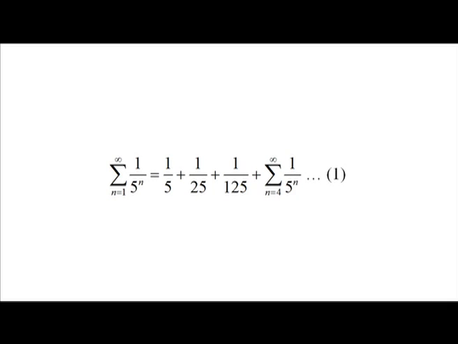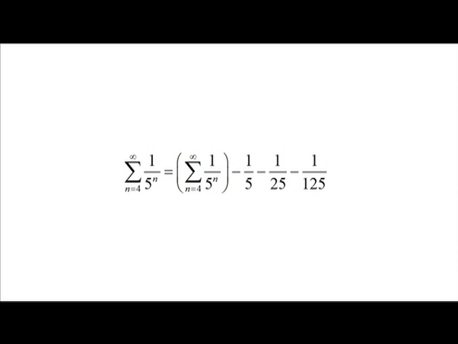Since the geometric series summation 1 upon 5^n, n from 1 to infinity, equal to 1 upon 5 plus 1 upon 25 plus 1 upon 125 plus etc., converges, the series summation 1 upon 5^n, n from 4 to infinity, equal to summation 1 upon 5^n, n from 1 to infinity, minus 1 upon 5 minus 1 upon 25 minus 1 upon 125, obtained by deleting the first 3 terms of the series, converges.